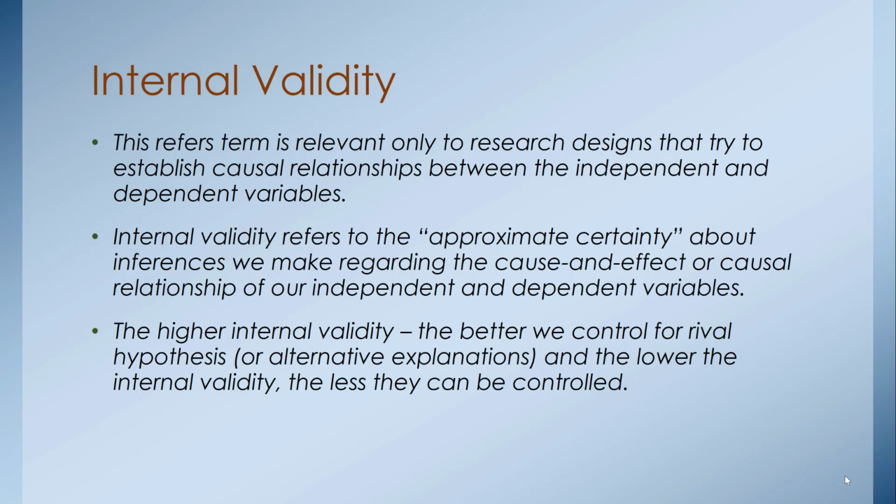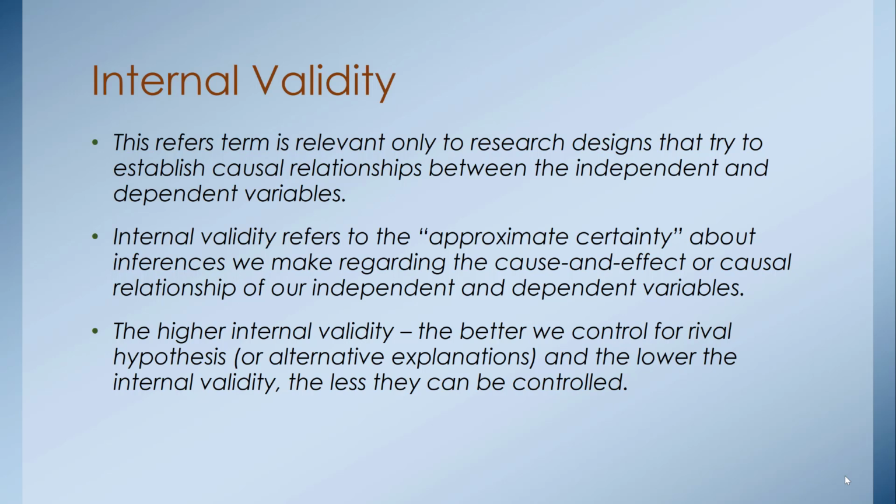And internal validity refers to our ability to say that it was the intervention that resulted in the change of the dependent variable. If we can control the internal validity of our study and eliminate some of those outside explanations, then we're going to have a higher level of validity when we're actually making those statements.